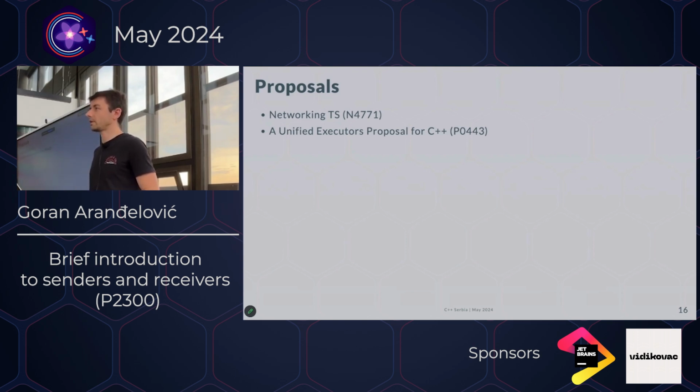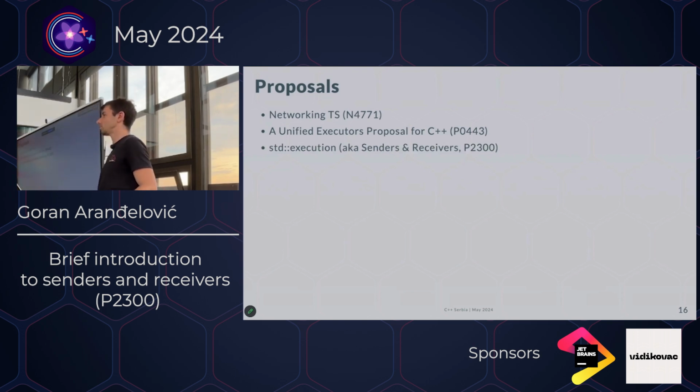If I got the right information, it's almost 100% sure that it will end up in C++26. Senders and receivers were about to end up in C++23, but it was delayed because of some design decisions, but probably it will be in the next standard. And this is the proposal that we are talking about today.